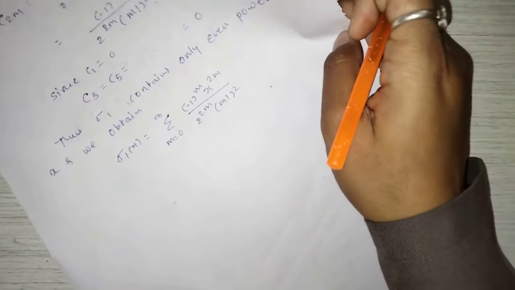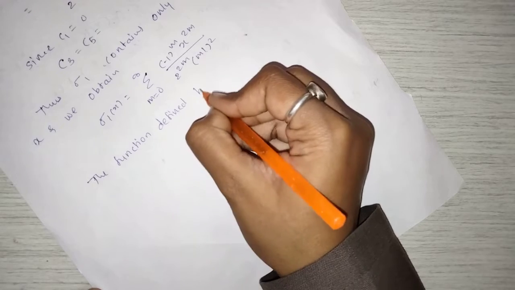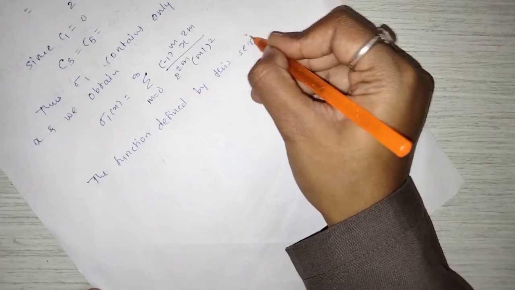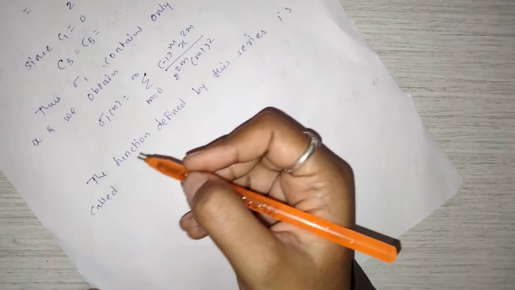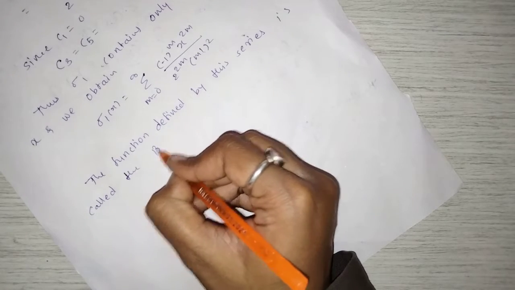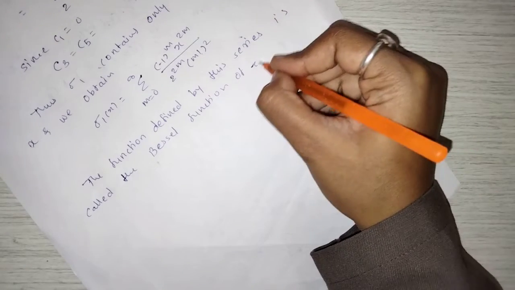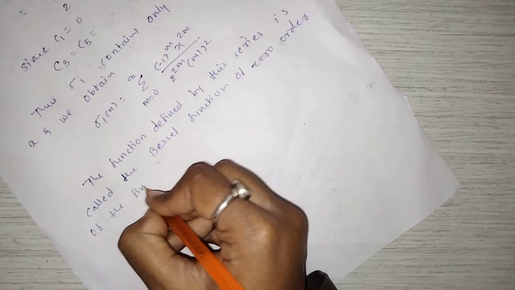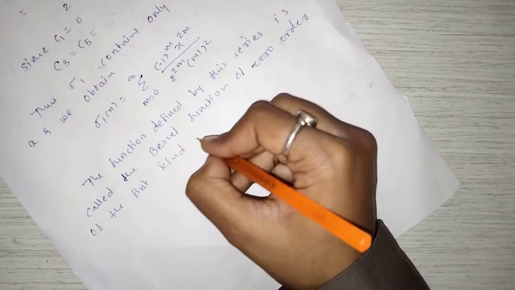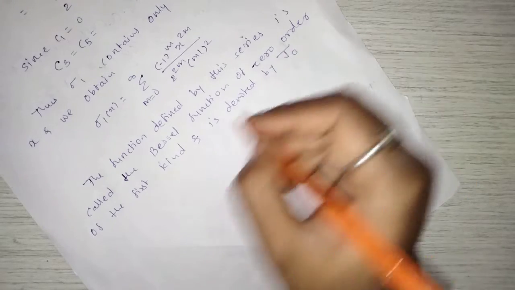The function defined by this series, which function? Sigma 1 of x is called the Bessel function of zero order of the first kind and is denoted by J naught.